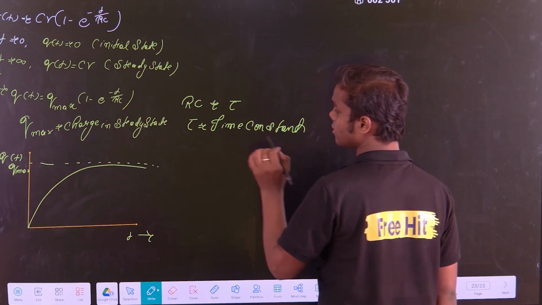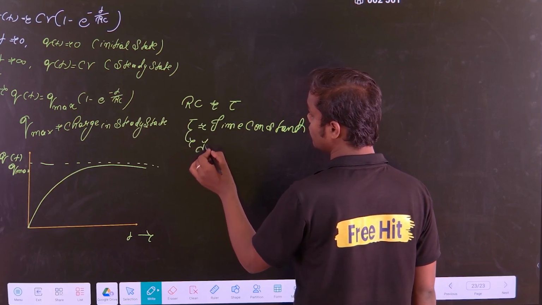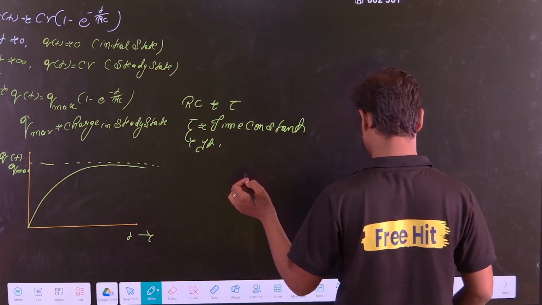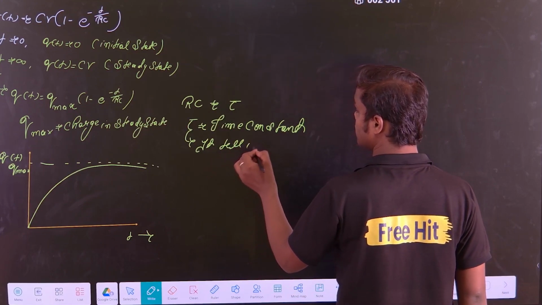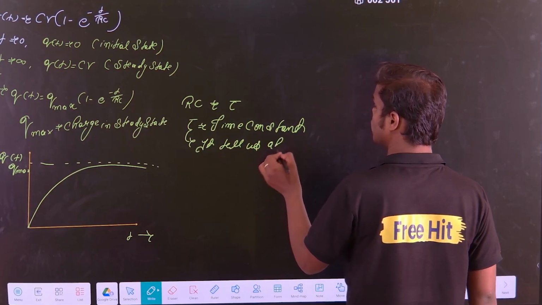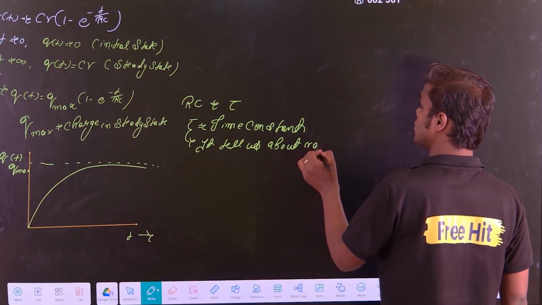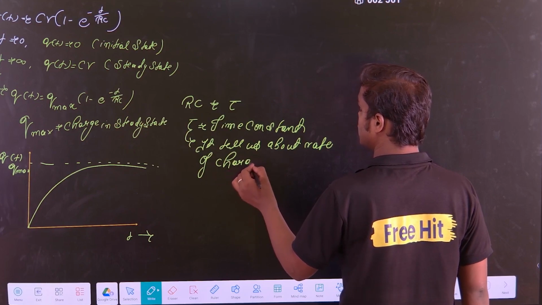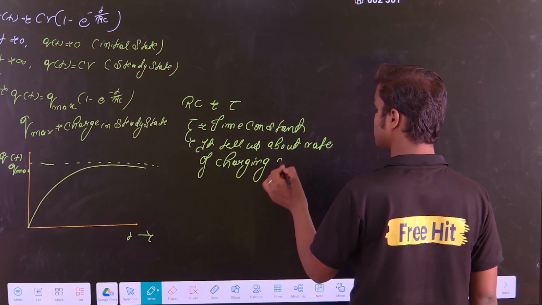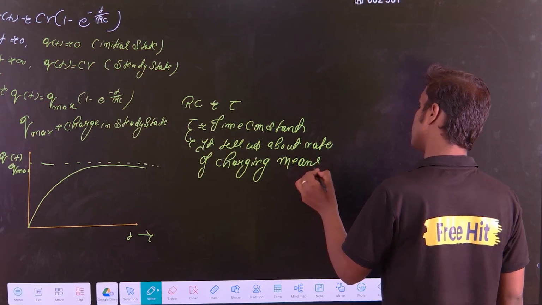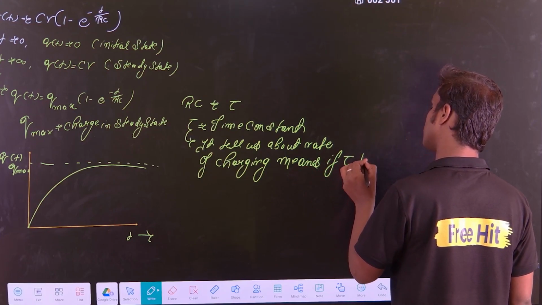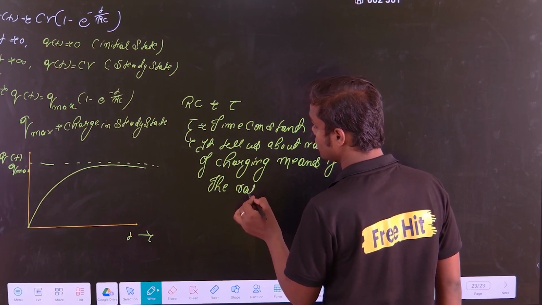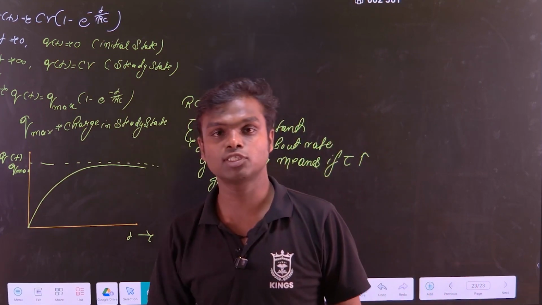What is the significance of this? It tells us about the rate of charging. If tau is large, suppose tau increases, then the rate of charging will decrease, meaning the capacitor will charge slowly.